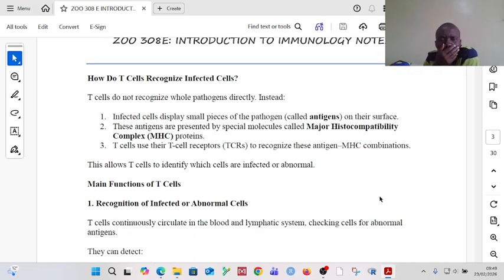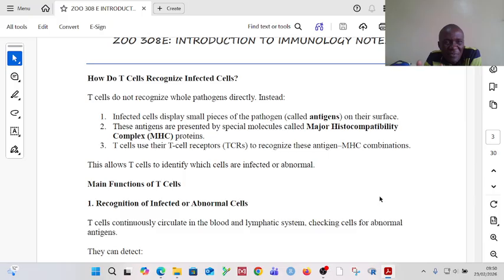So, if, for example, the T cells have to distinguish between your own body cells and something that is foreign, okay? Something that is not belonging to your body cell, then it means there has to be a way in which these T cells now recognize a cell that is infected from a cell that is not infected.